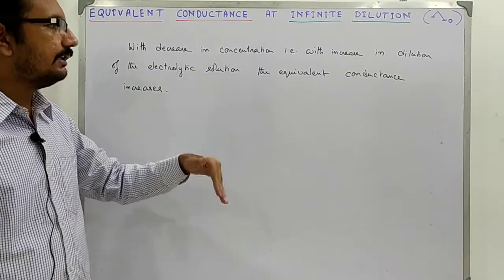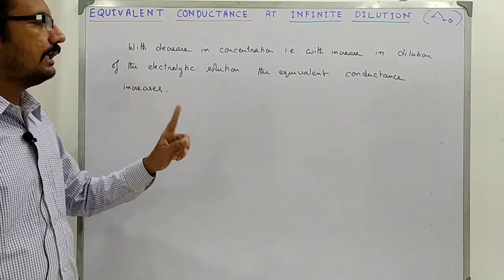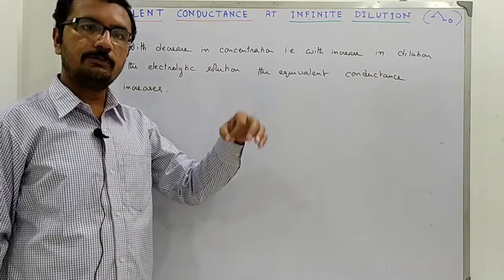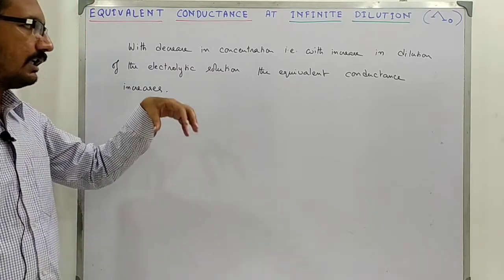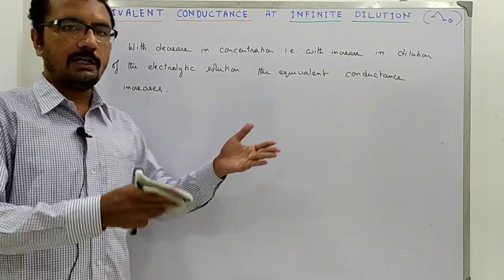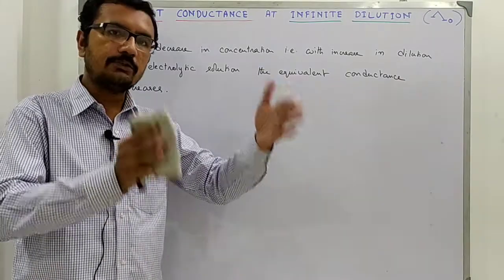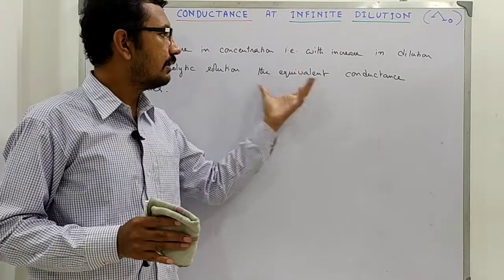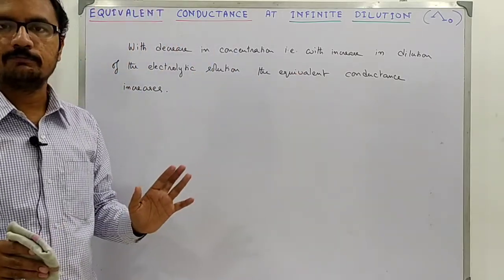So when you dilute the solution, there is no way that ions are removed from the volume enclosed between the two electrodes. If you pour water to dilute the solution, then you have to simultaneously increase the surface area of the electrodes such that the entire solution containing 1 gram equivalent of ions is placed within that solution. Okay.